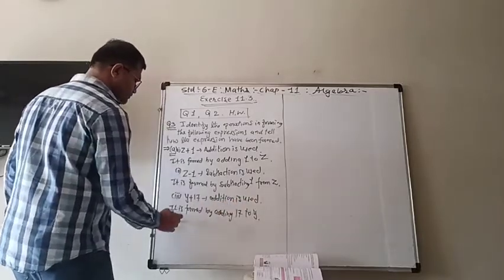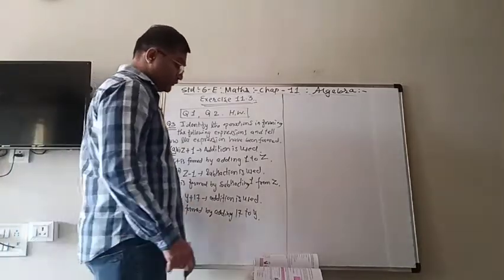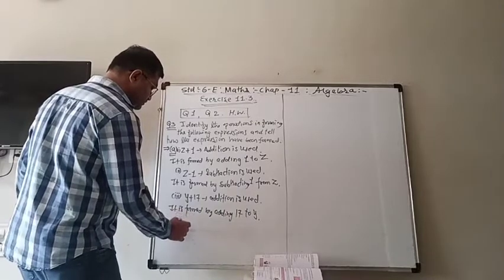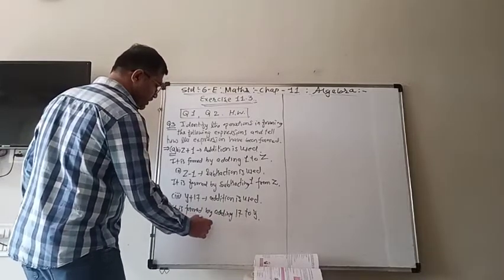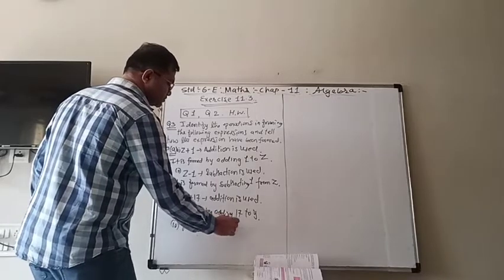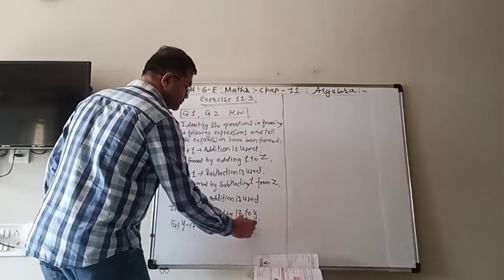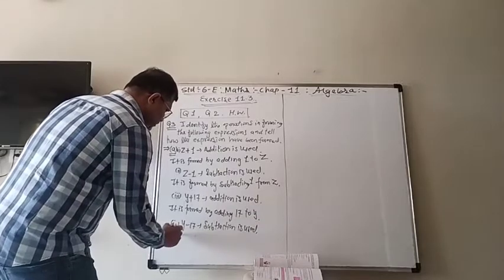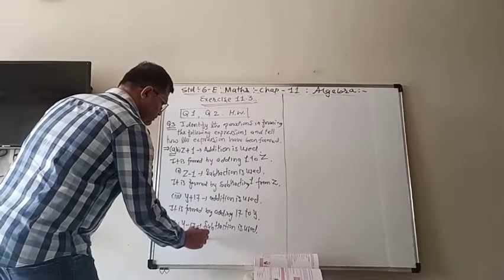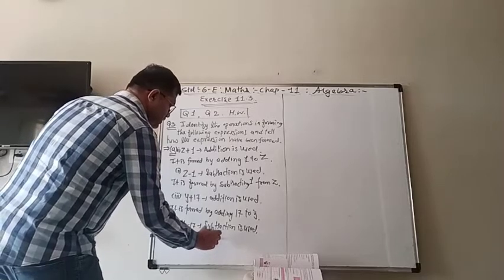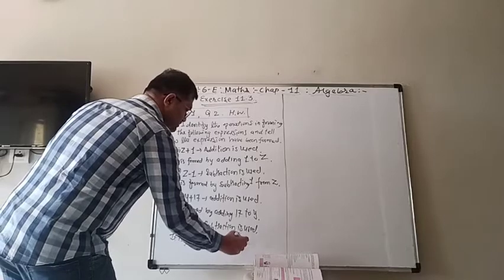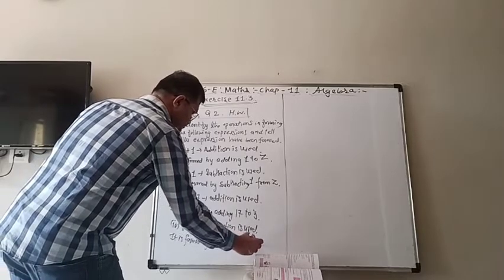To y. The fourth one is y minus 17. So here, as you saw, subtraction is used, and it is formed by subtracting 17 from y.